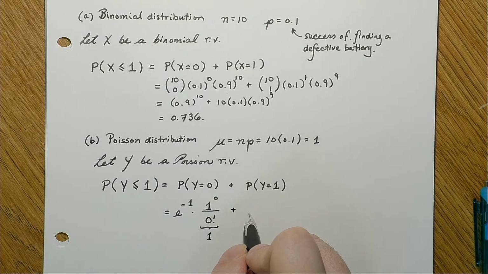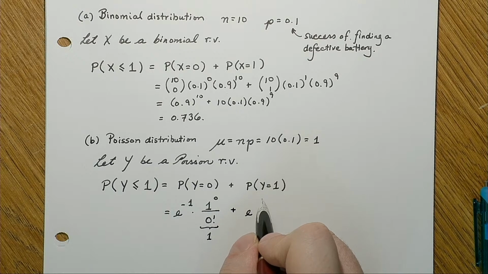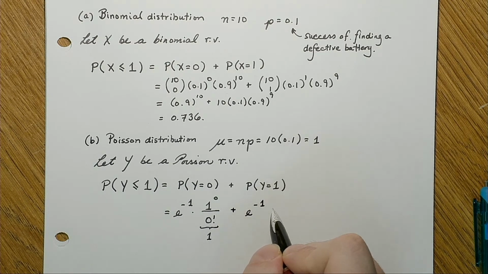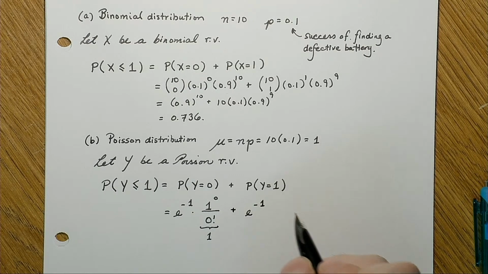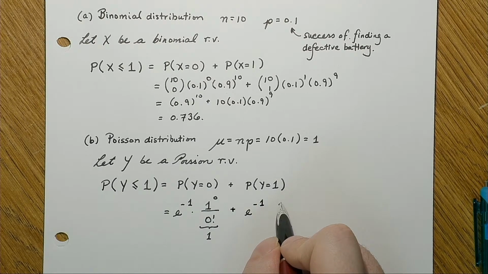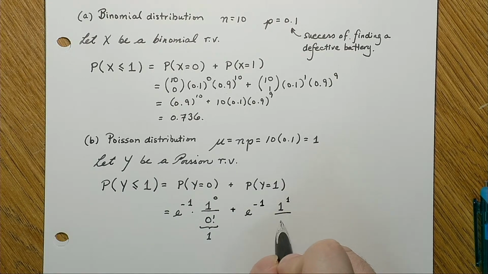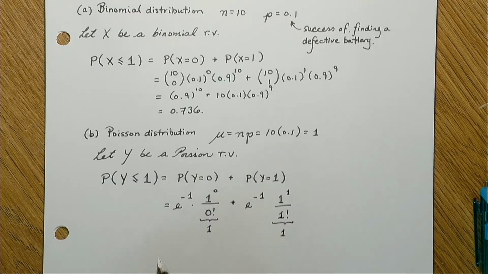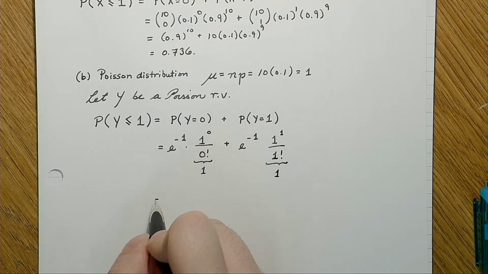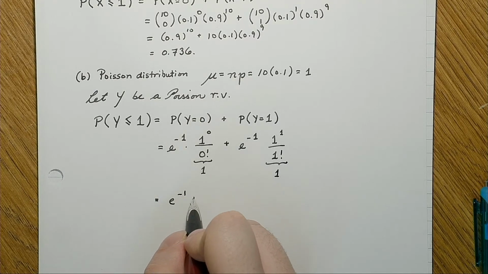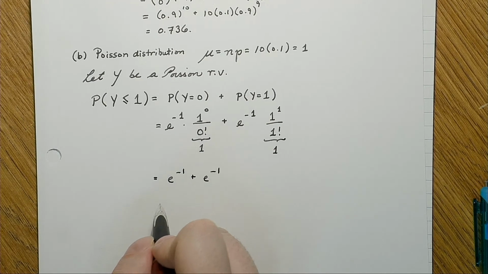Plus, over here I'll have e to the minus 1 times 1 to the 1 over 1 factorial. So again, that's still 1. So I get e to the minus 1 plus e to the minus 1.